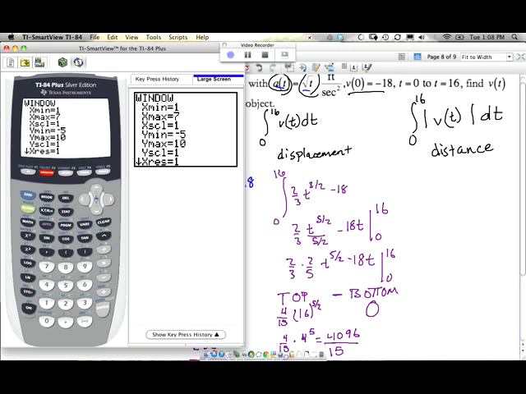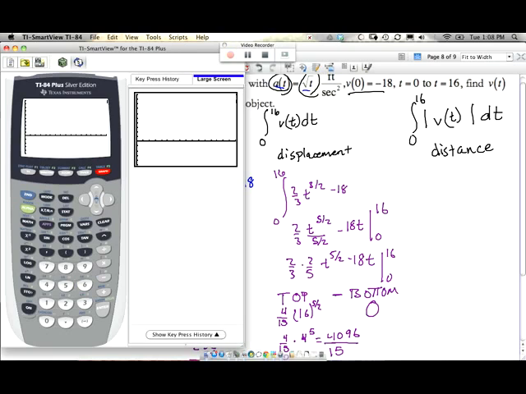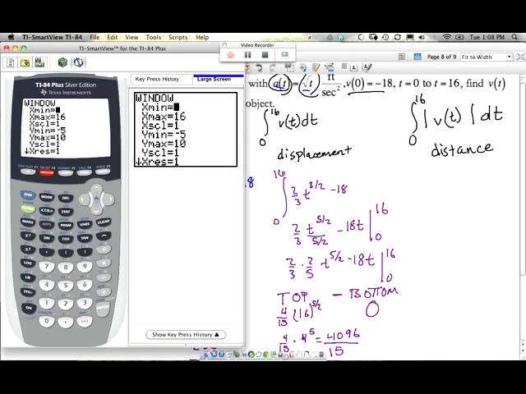Now our interval here is from 0 to 16, so let's go from 0 to 16. Not sure what our numbers need to be there, but let's take a look. Okay, so we definitely have some negative and we definitely have some positive. So I need to expand my positive and negative there. Let's say I was going not down to negative 5, but negative, I don't know, how about negative 20?